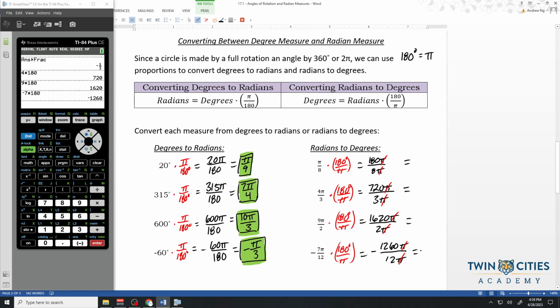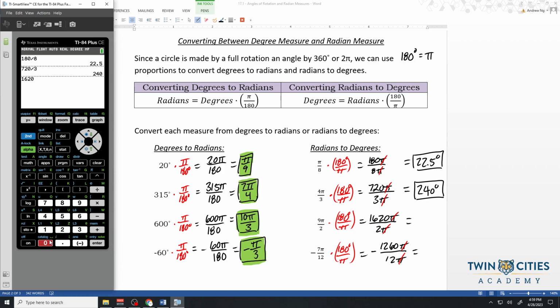The last thing to do is in your calculator, 180 divided by 8, this will be 22.5 degrees. 720 divided by 3, this is 240 degrees. 1,620 divided by 2 is 810 degrees.